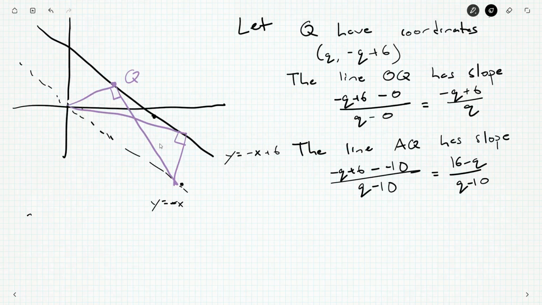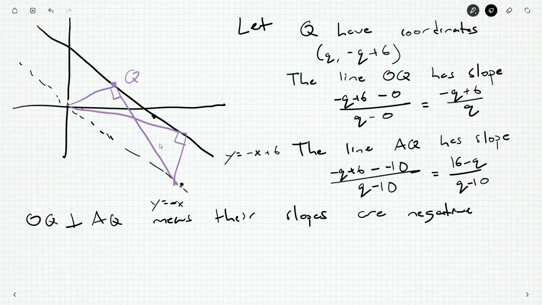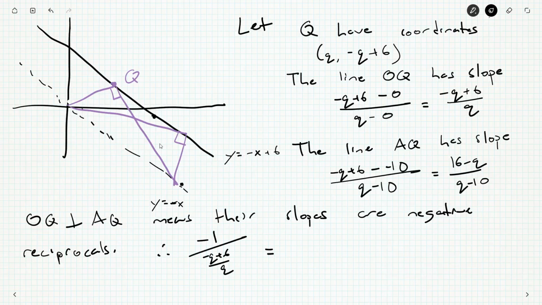Now, OQ perpendicular to AQ means their slopes are negative reciprocals. So that tells me negative 1 over negative Q plus 6 over Q is 16 minus Q over Q minus 10.